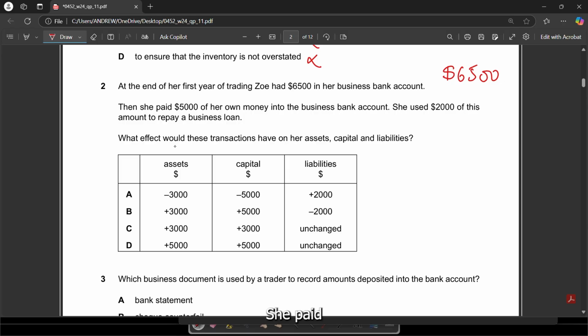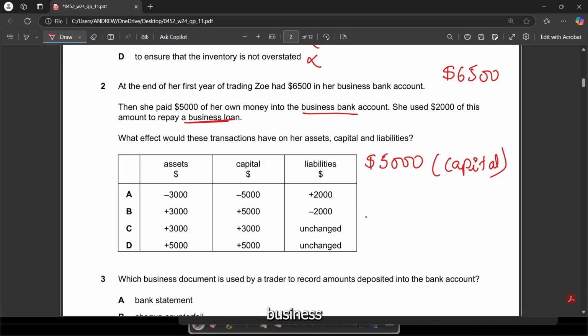Now she paid 5,000 of her money into the business bank account. So can't we say that this 5,000 is nothing but an introduction of capital? Now from this bank account, she used 2,000 of this amount to repay a business loan.